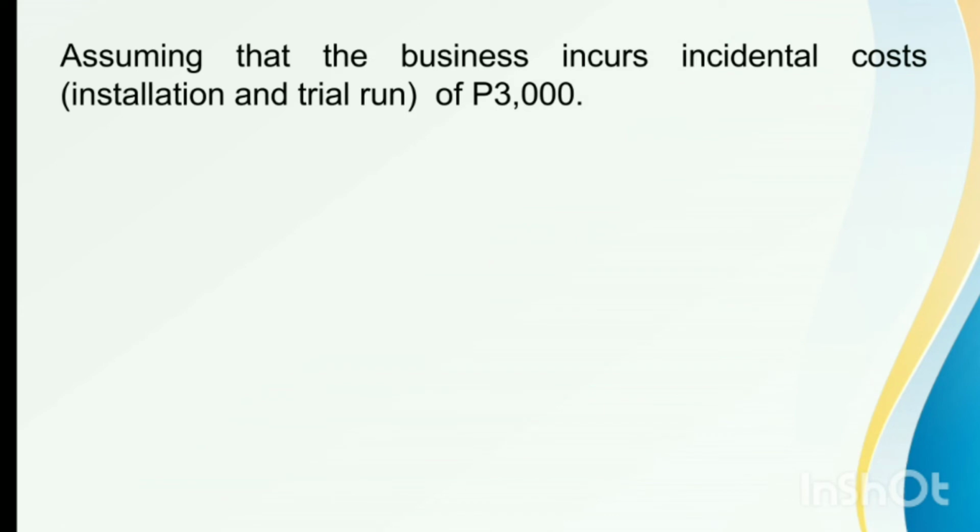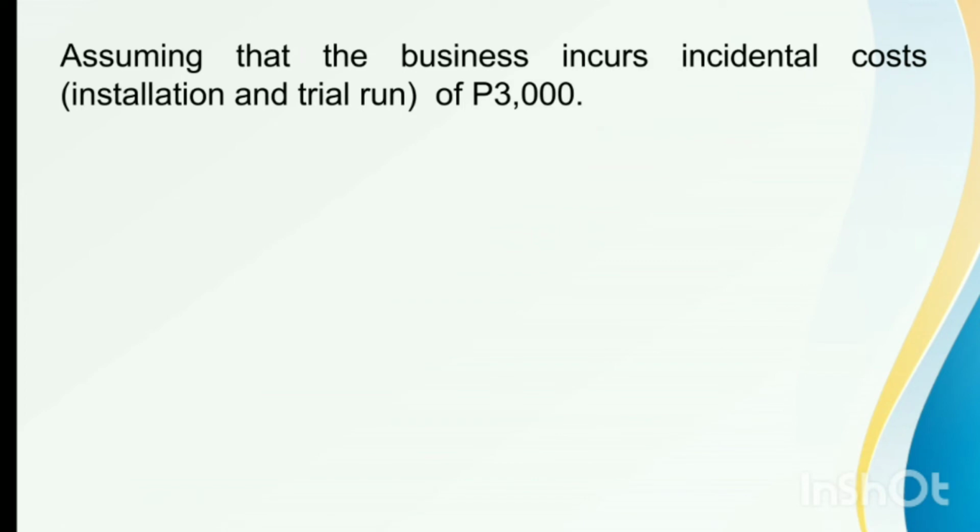Assuming that the business incurs incidental cost of 3,000 pesos. This incidental cost includes the installation and trial run. So usually, after the acquisition of the machine, the business will incur additional costs before it can be used in its operations, and those costs are called incidental cost.